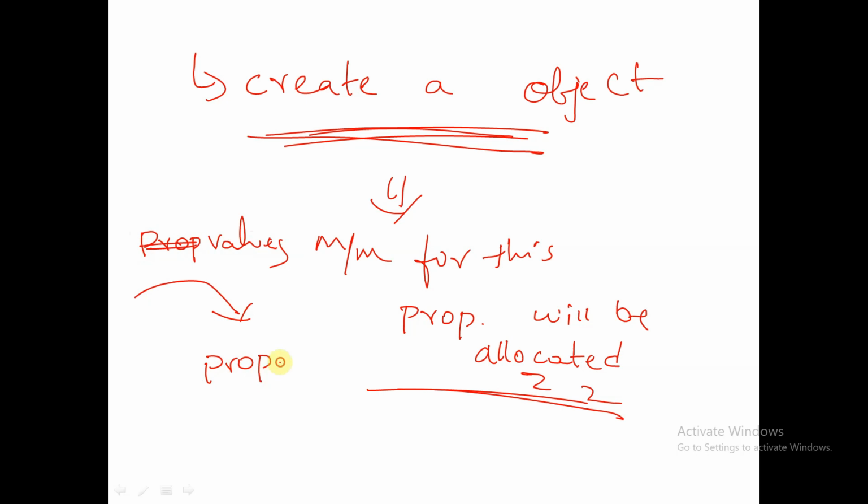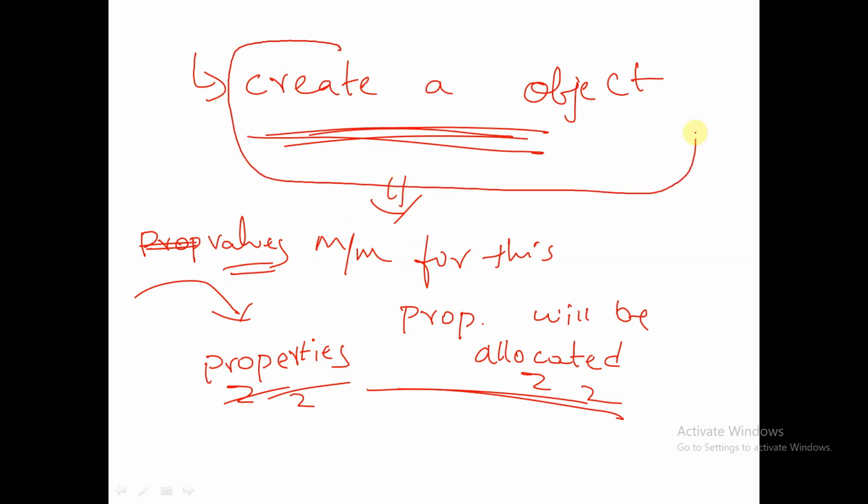When no memory is created at all, we cannot store any value into these properties, right? So the memory is created only when we create an object for this class. Is it clear? When we create an object for the class, then the memory is created for these properties, and we can store values into them.